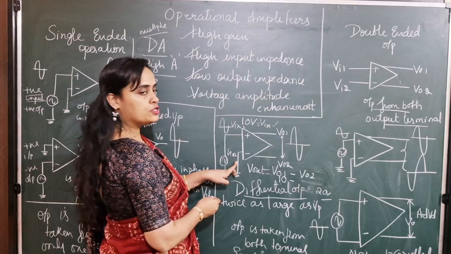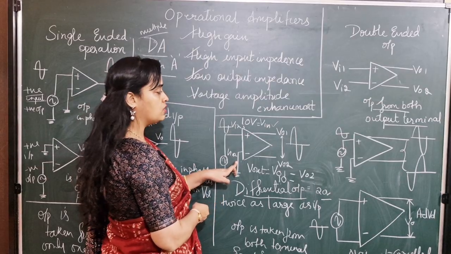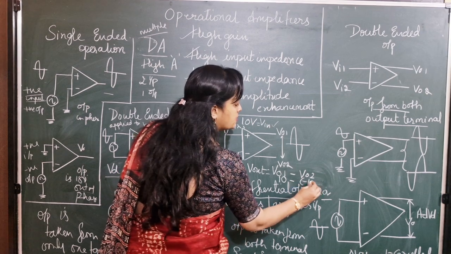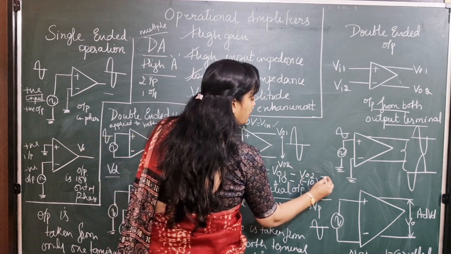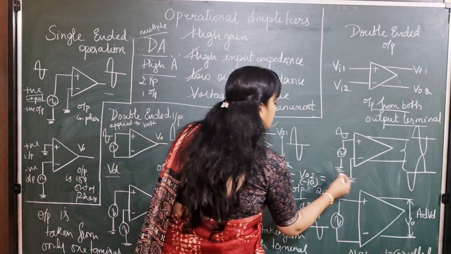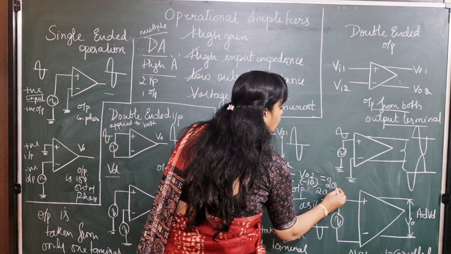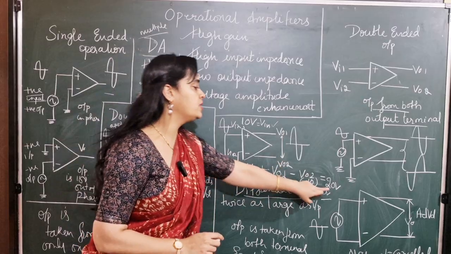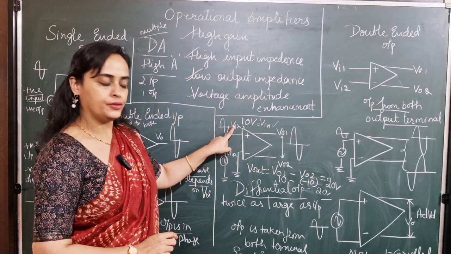And because of virtual ground, a concept I'll explain later, V02 will be minus 10. Therefore, this will be 10 minus minus 10, which becomes plus 10, so 20 volts is the output. So it clearly says the output is twice the input.